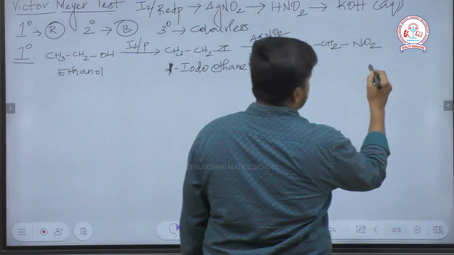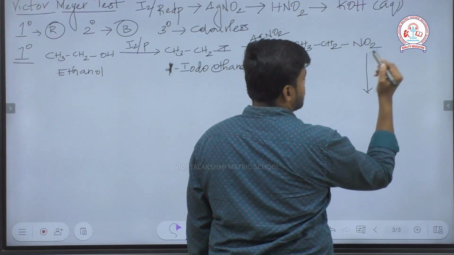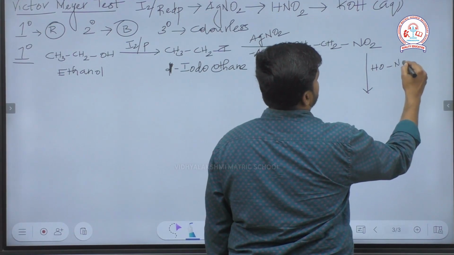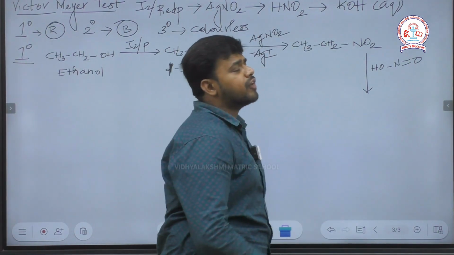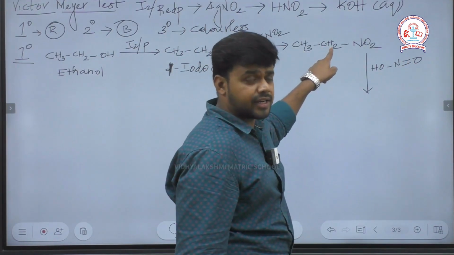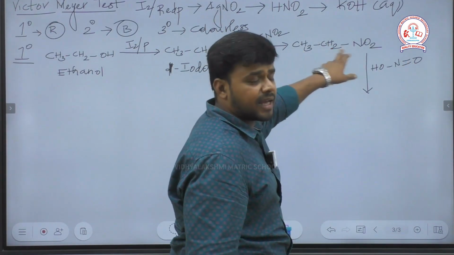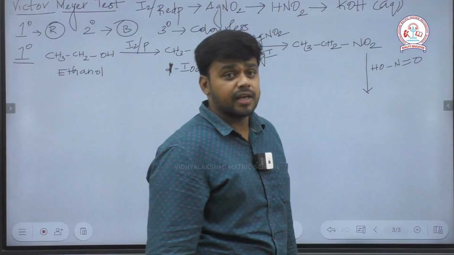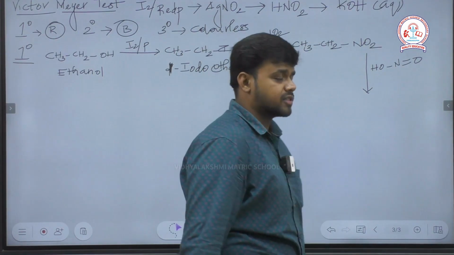Then after AgNO2, nitrous acid comes. So nitrous acid can be written as HONO. If the alpha carbon has 2 hydrogens, oxygen will react with this hydrogen. If the alpha carbon has only 1 hydrogen, this OH will react with the hydrogen in the alpha carbon. See, you need to have this in mind.